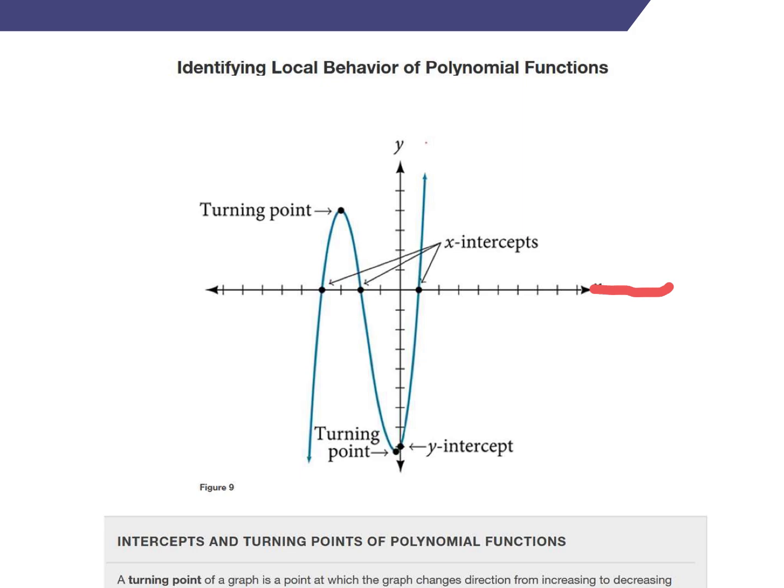And this one has 1, 2, 3 x-intercepts. That means it's probably a third degree equation. X cubed probably is an x cubed because it only has 3 zeros. It could be higher though, because there could be some zeros that are not real. But if I'm only going to use real zeros, then it would be a cubic.